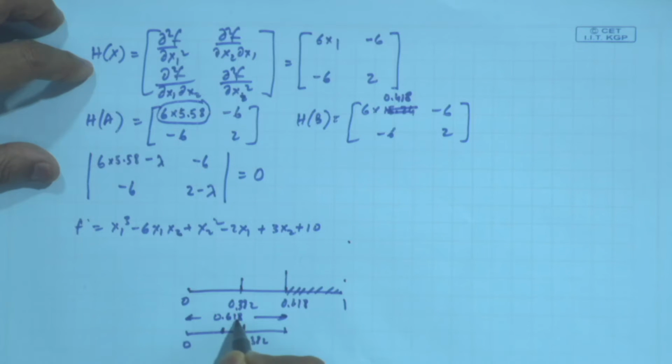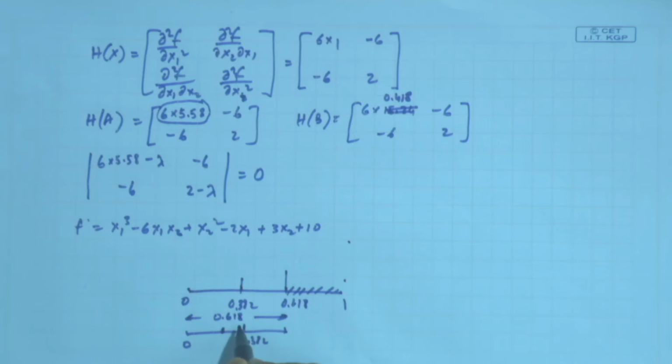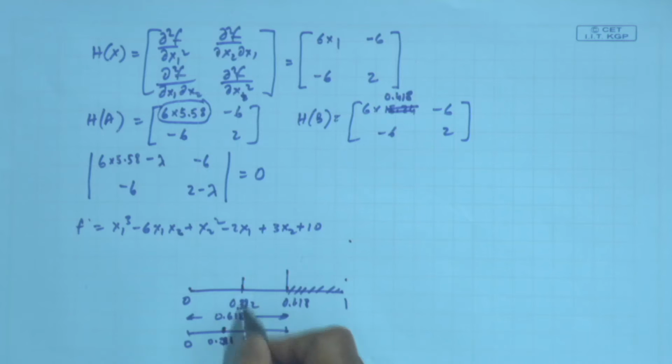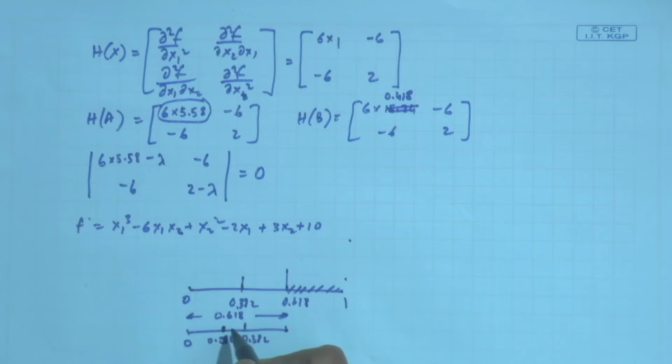So 61.8% of 0.618 is how much? It's 0.382. So one you get 0.382, and the other will be 0.382 from 0.618. Subtract 0.382 from 0.618 and you get the new point, 0.236. At this point compute the function. The other one is matching, so you don't have to compute the function value. Only one point you have to compute and compare.